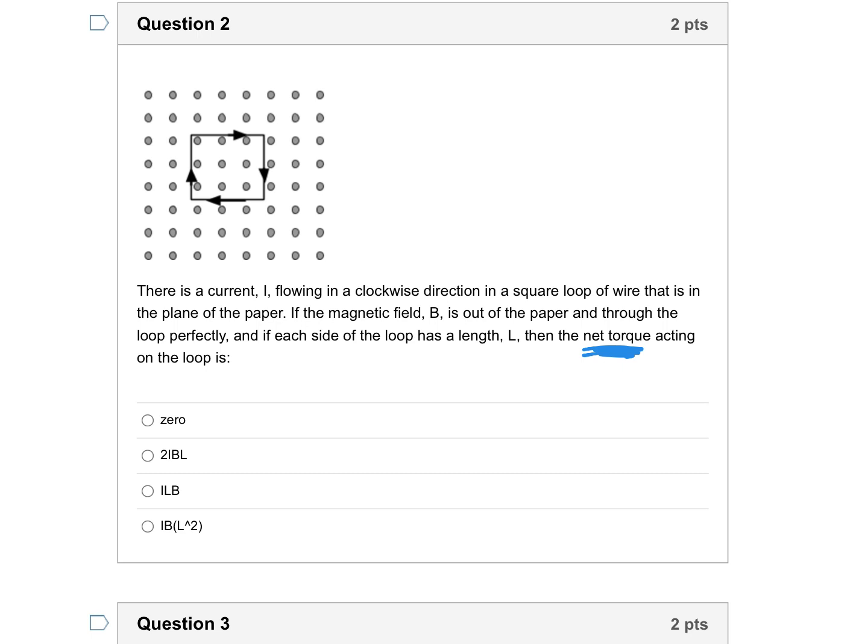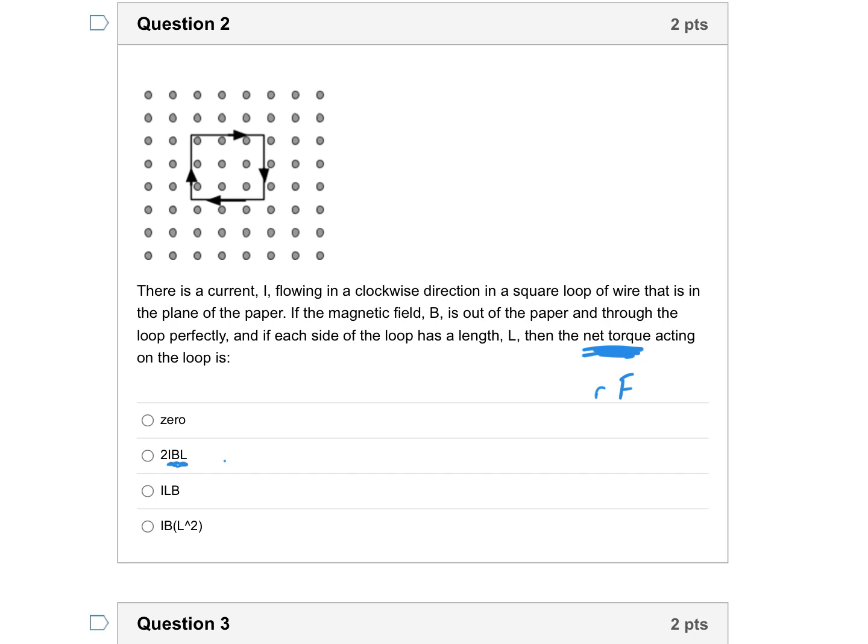Remember, torque is a force multiplied by a moment arm. They have to be all perpendicular. 0. 0 can be a torque, so that's fine. 2ILB. Well, ILB, or IBL, is the magnetic force.